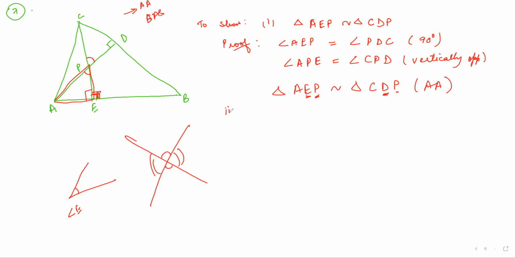Second part, what you have to do: triangle ABD is similar to triangle CBE. So I hope you have written it, Martin.